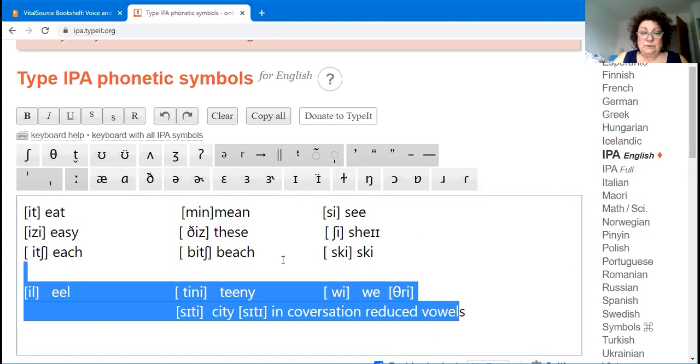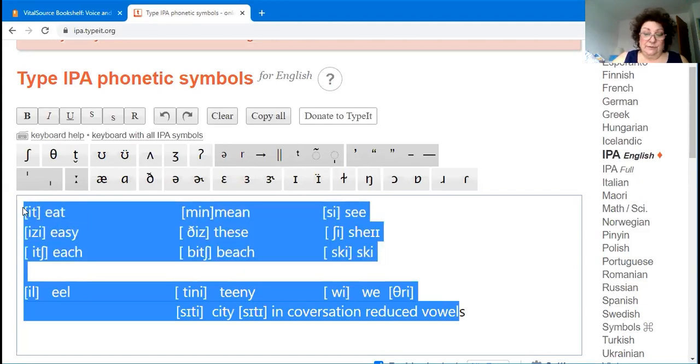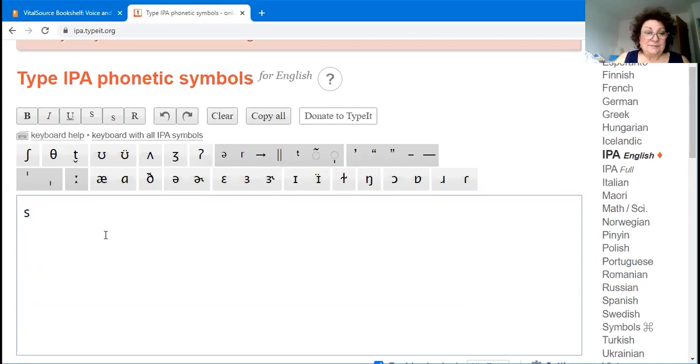So I'm going to remove these words, and I'm going to take your initial position, I and T, makes "it." And then medial position was "kiss." So K, I, S gives you "kiss."